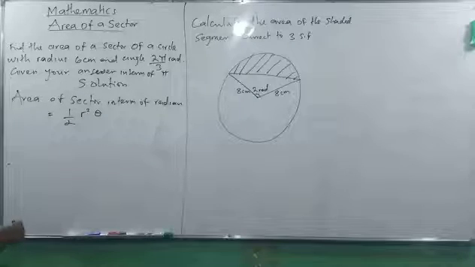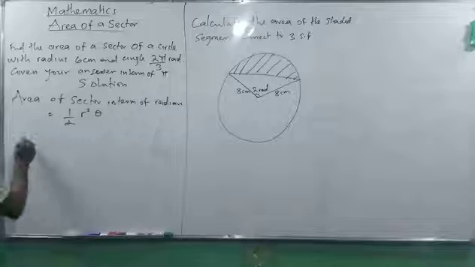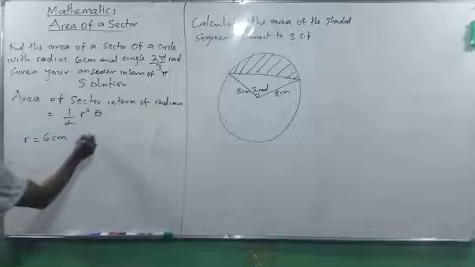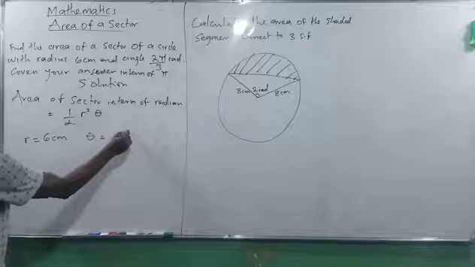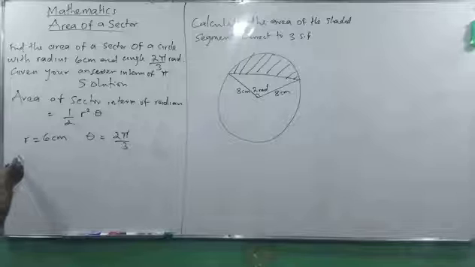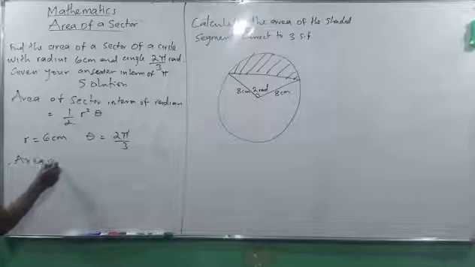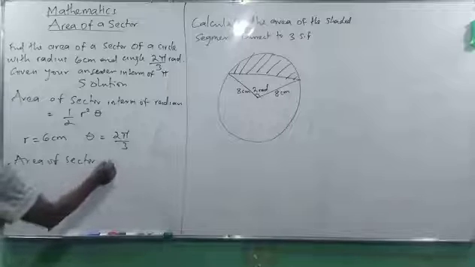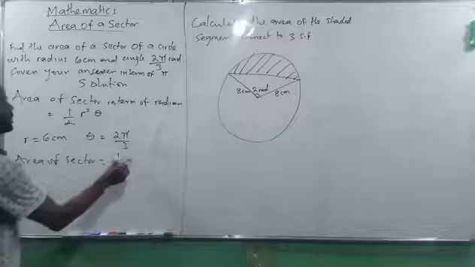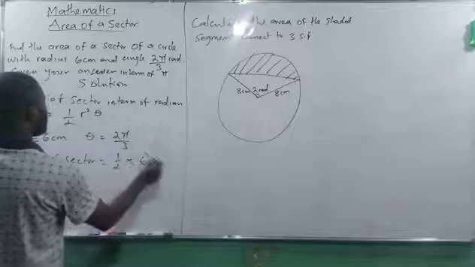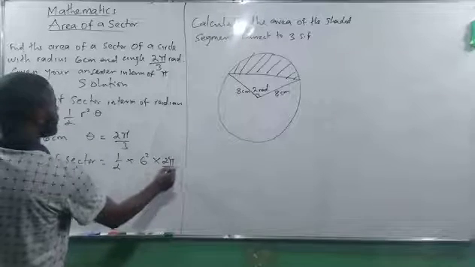And at this point, what is given to us, our radius is given as 6 centimeter, and our angle is given as 2 pi all over 3. Now, at this junction, I can say that area of a sector equals to what? 1 all over 2 multiplied by 6 squared multiplied by 2 pi all over 3.